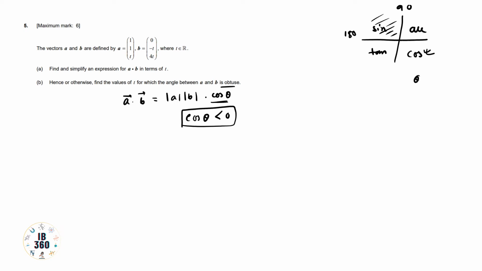Cos theta is negative, for the angle between A and B to be obtuse, cos theta will be less than 0. Now the most important thing is, for the first quadrant cos is positive, and for an obtuse angle the cos is negative.